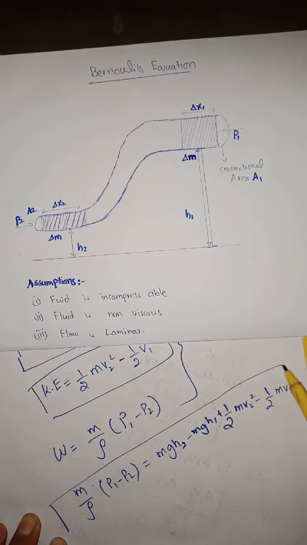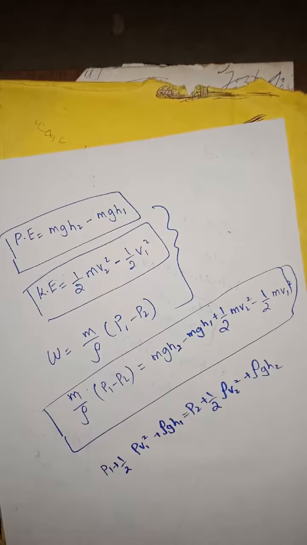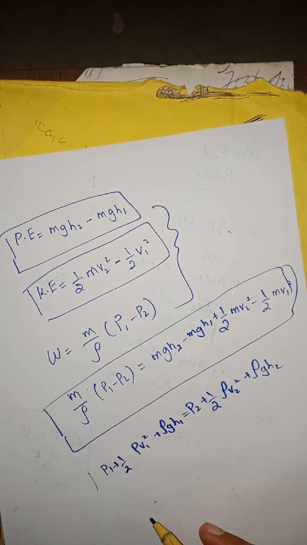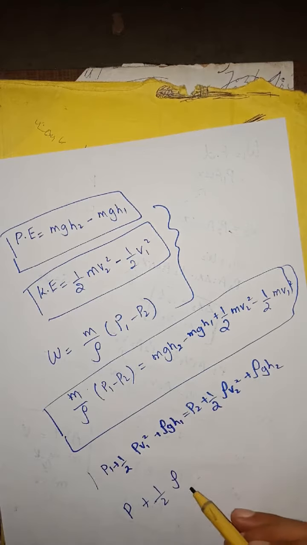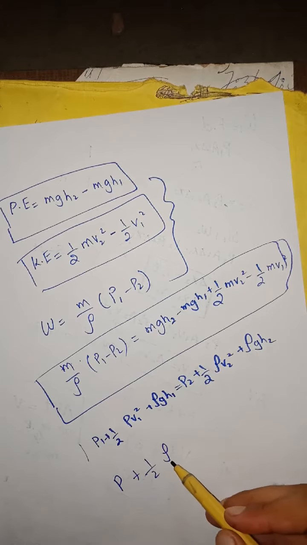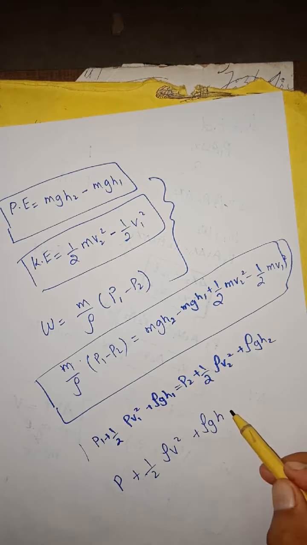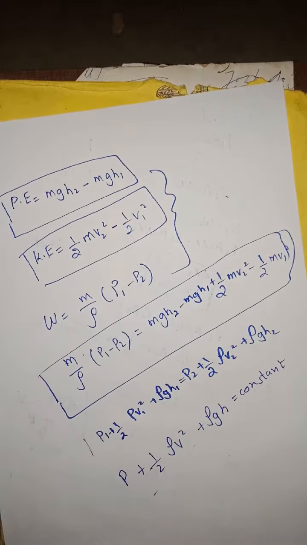And when we rearrange this equation, we get the equation of this form. This is the final Bernoulli's equation, and it is also usually denoted by P plus 1 over 2 rho v square plus rho g h is equal to constant.